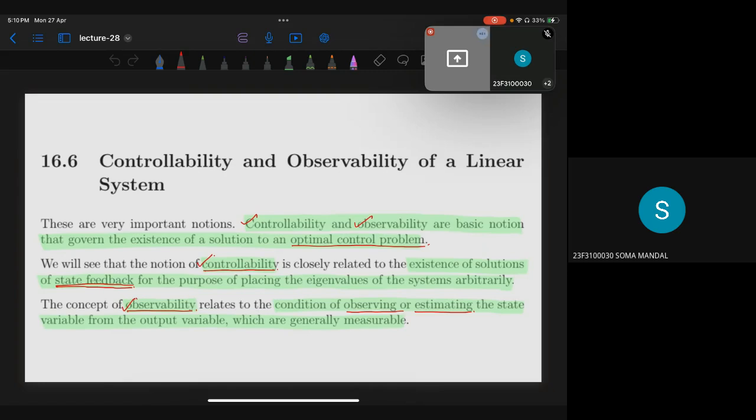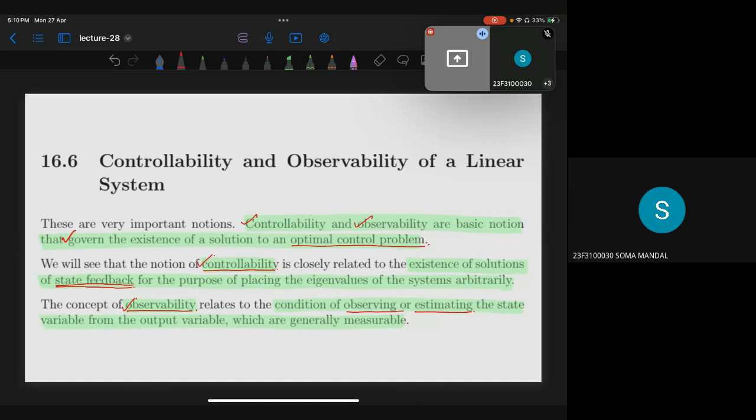These controllability and observability concepts are very important in the design of controllers in control systems. Basically they govern the existence of the solution to an optimal control problem, which you will understand in a while.